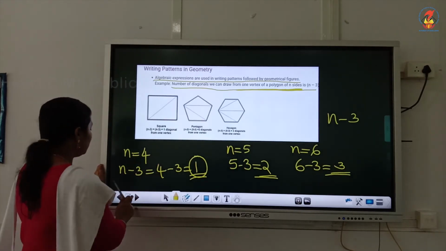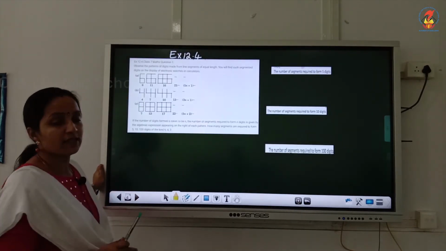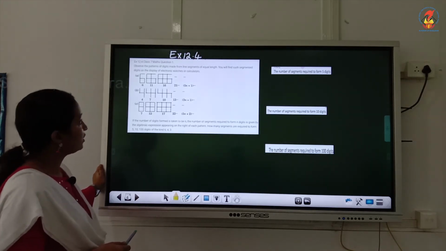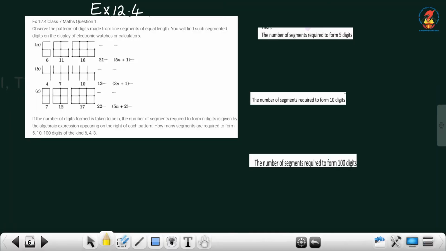Okay. Now move to the first question of exercise 12.4. What is given there in the question? Observe the pattern of digits made from line segments of equal length. You will find such segmented digits on the display of electronic watches or calculators.